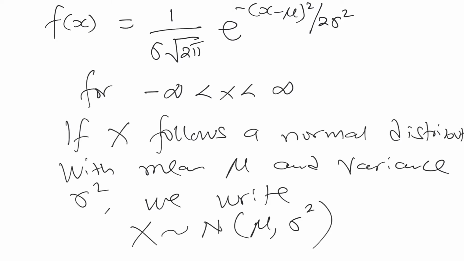So we need two parameters to define the normal distribution. We need the variance and we also need the mean. That's just a notation.